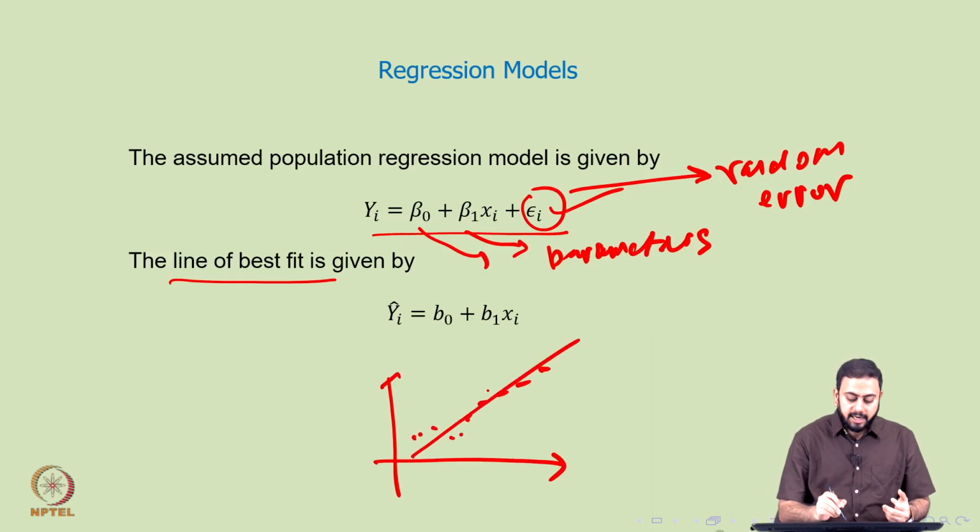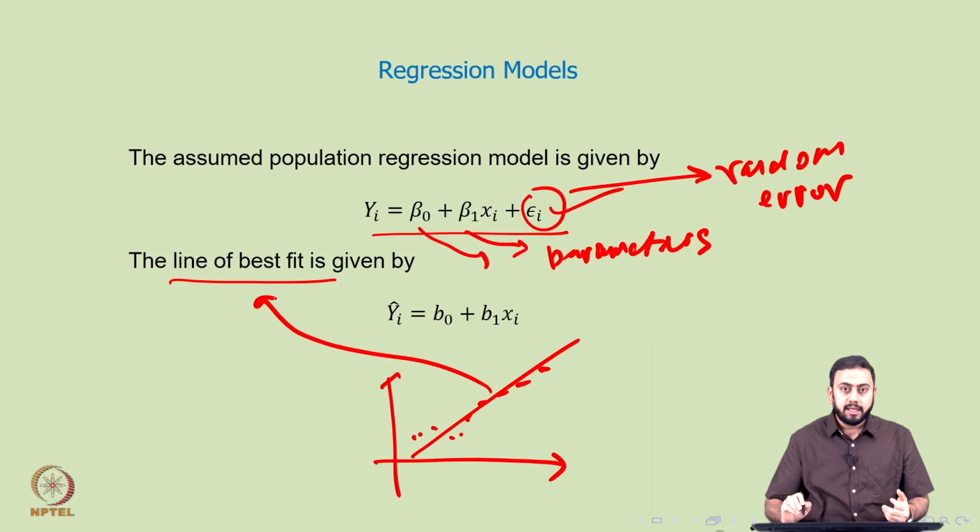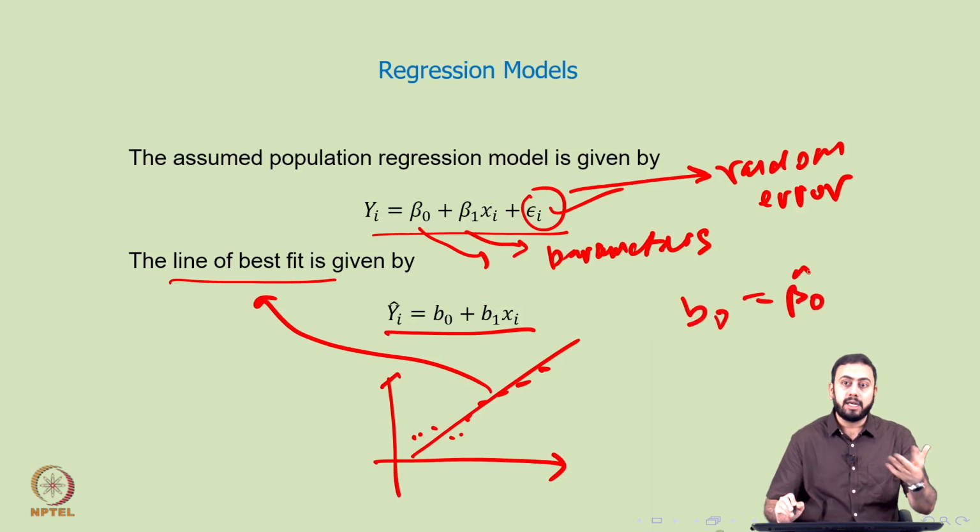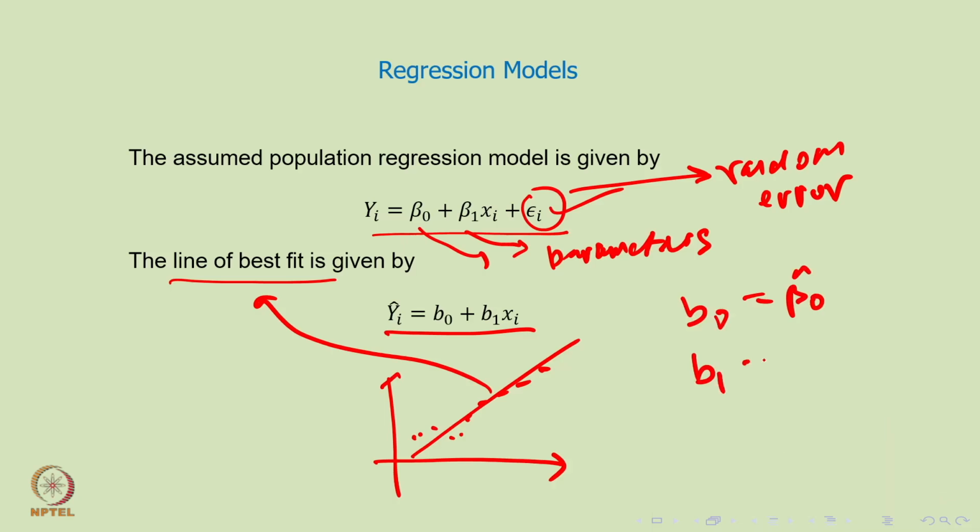This straight line is nothing but the line of best fit, and its equation is given by yi hat equals b0 plus b1 xi. So what exactly is b0? b0 is nothing but beta naught hat, the estimate of beta naught, and b1 is nothing but beta 1 hat, the estimate of beta 1.